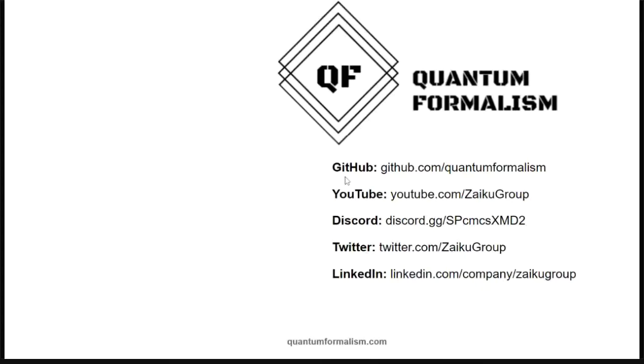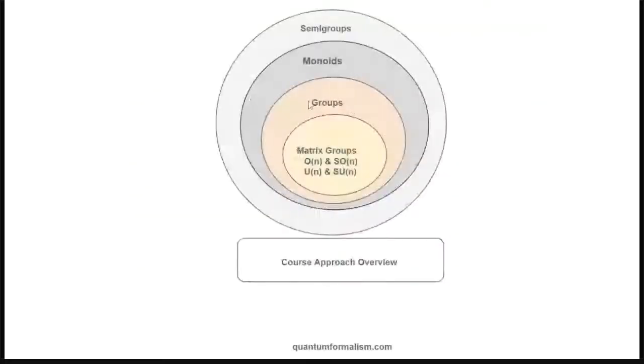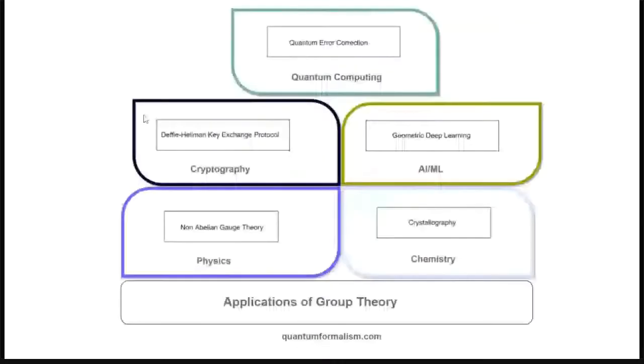Obviously a group is a special type of semigroup. A semigroup doesn't need to be a group, because the only condition that we are requiring is associativity.